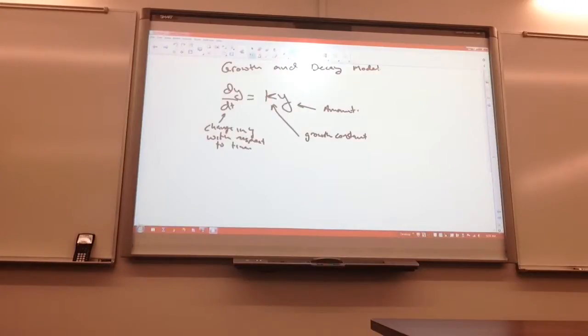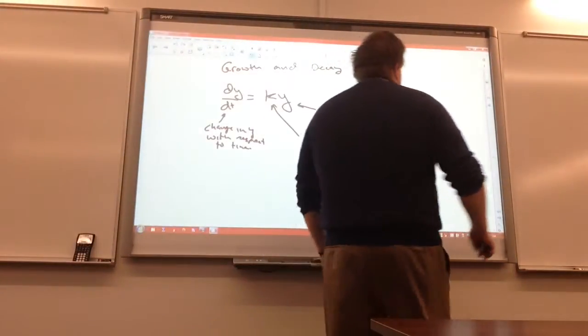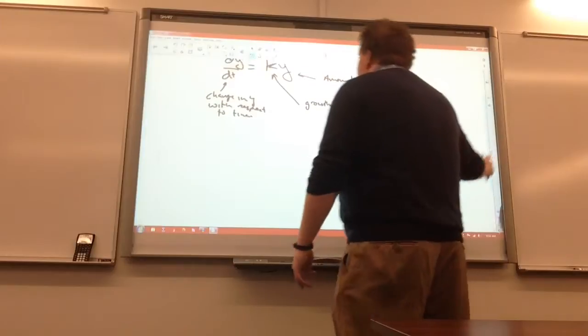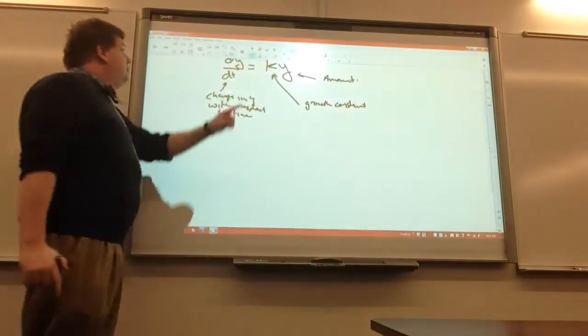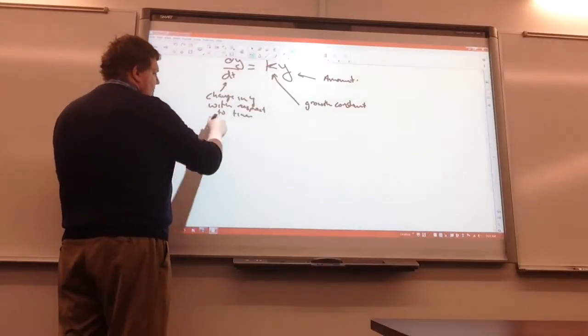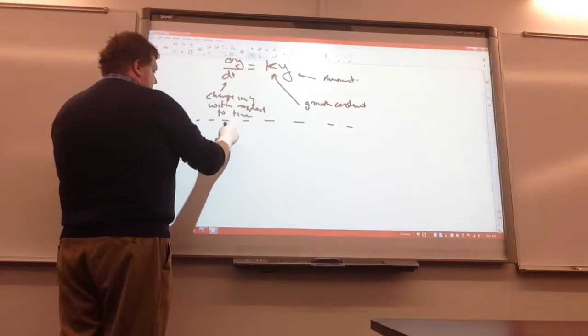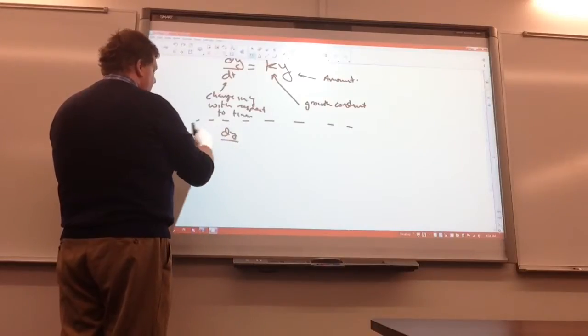Okay, all right, so this is what we get right here. Now we're going to integrate this thing with respect to time. If I'm doing that, I've got to get y's on one side and everything else on the other side, so we're going to separate variables. I'm going to divide everything by y.